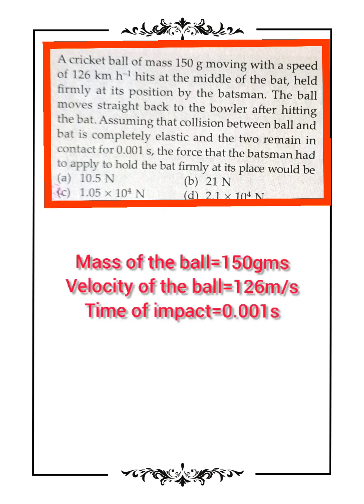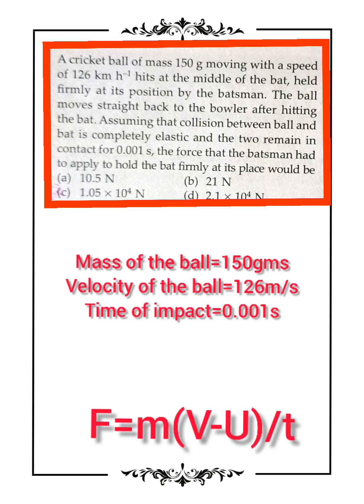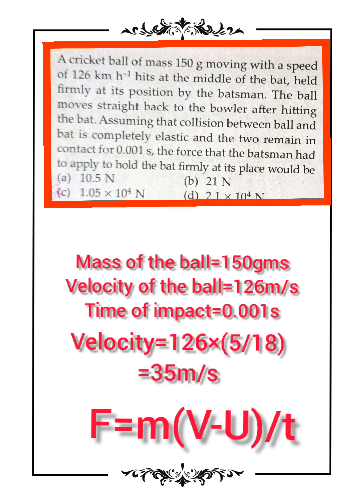Now the problem seems to be lengthy. Here the concept of force applied is nothing but the rate of change of momentum. Therefore, F is equal to m into (v minus u) by t. Here, when we convert this velocity 126 km per hour into meters per second, we will get 35 meters per second.